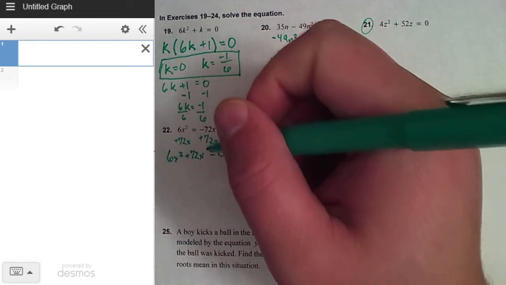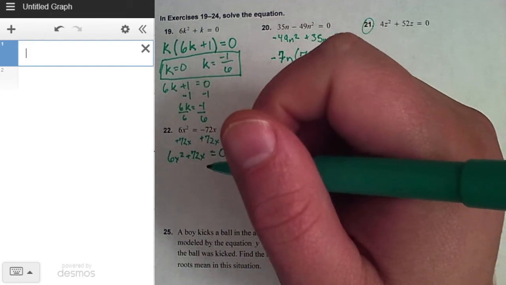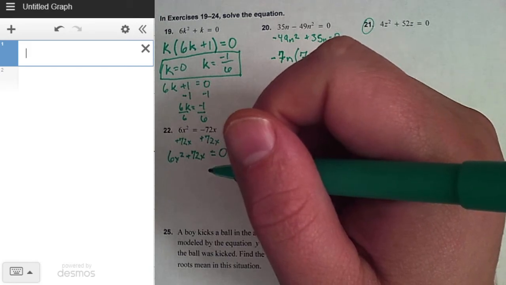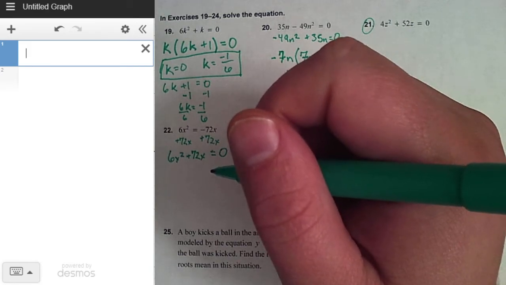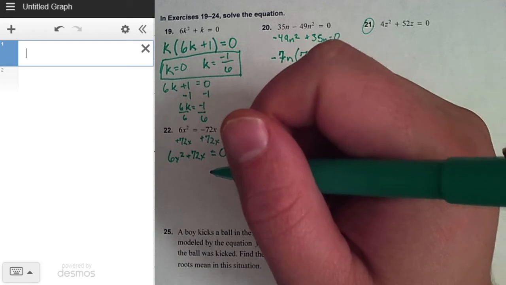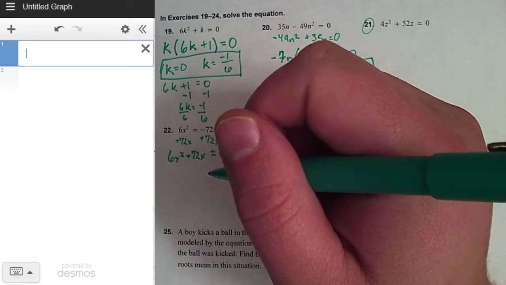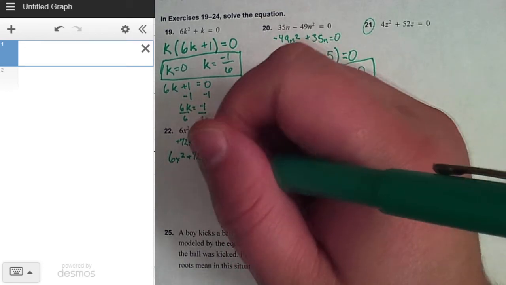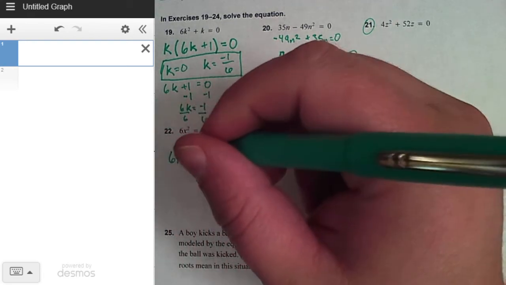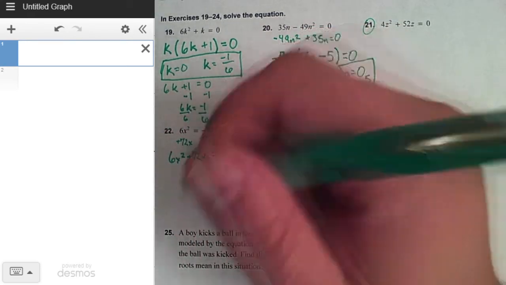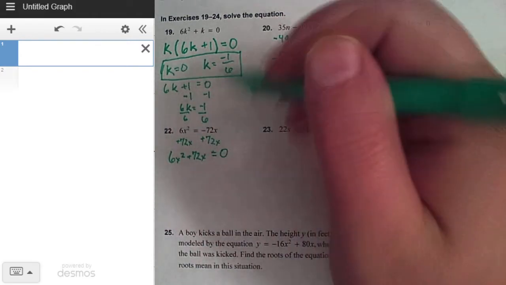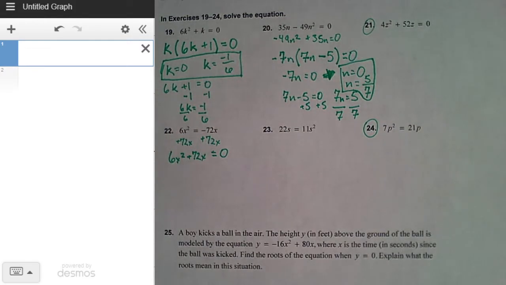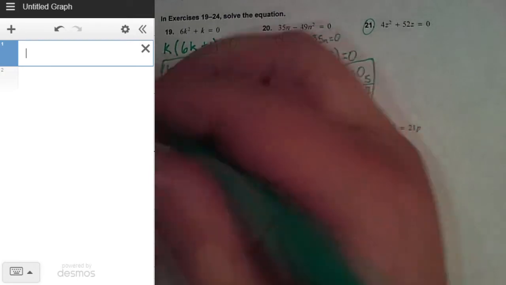This is not always the quickest, so we're thinking, 6 goes into 72 how many times? Well, that's going to have to be bigger than 10. I know 6 goes into 66 11 times, and 72 is 6 more than 66, so that means it goes into 72 12 times.